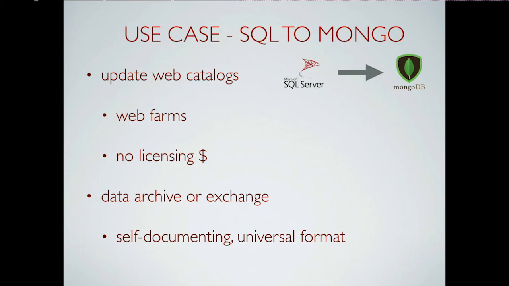So I might want to make my price list and all my inventory available, not just in the US, but in every country. So I would take my catalog, throw it into Mongo in a whole bunch of different web farms. And the nice thing about that is there's no licensing, right? I might use it for data exchange or archiving. And again, it's a self-documenting universal format.